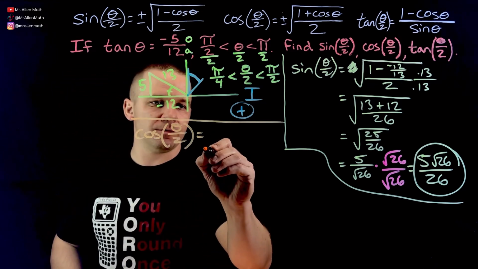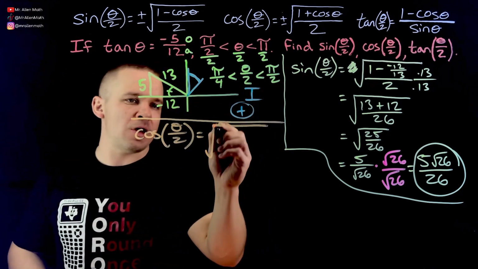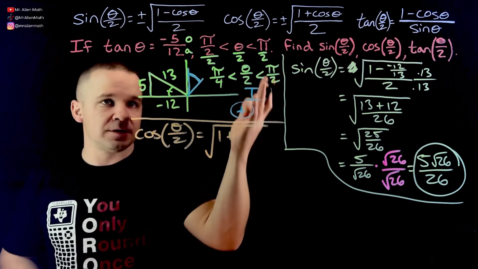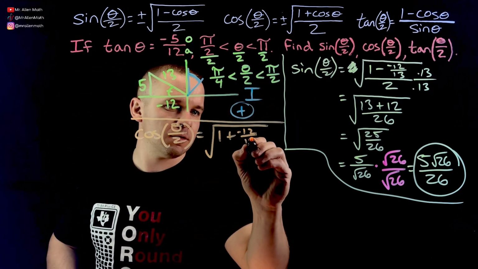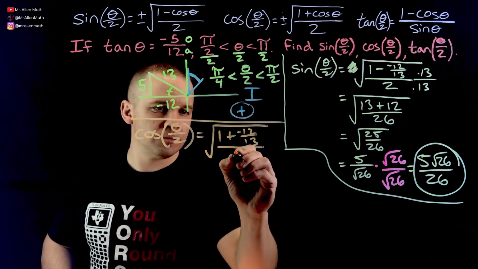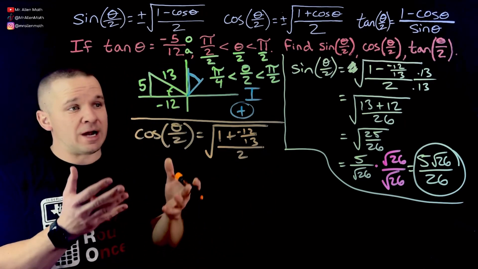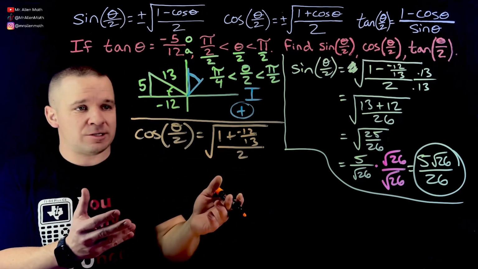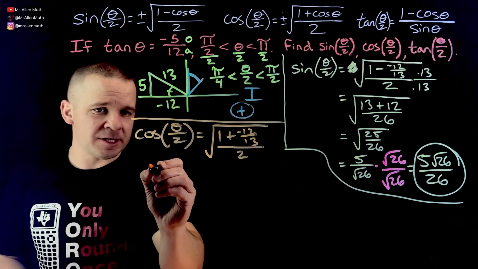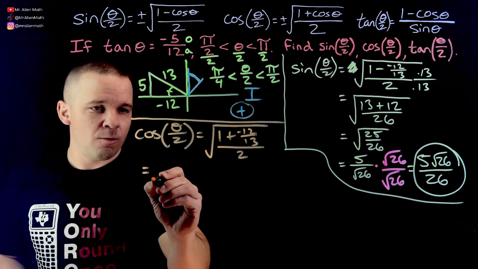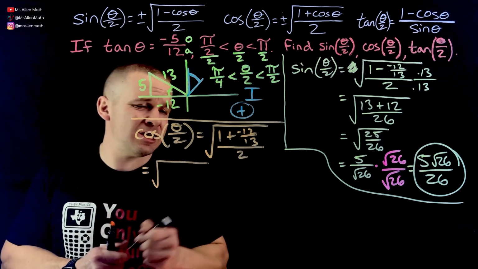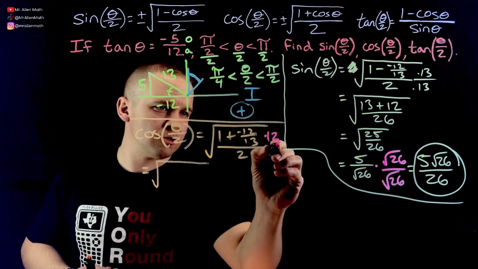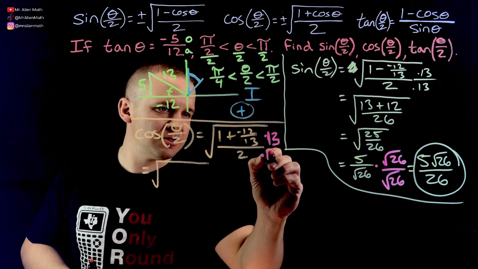So we've got the square root. It's going to look almost the same: 1 plus, what's the cosine of theta? It's negative 12 over 13, over 2. Most of this is going to work out very similar to the last one. I'm going to bring myself over here so I have enough room to work. We have the square root of, and I'll multiply by 13 and 13.